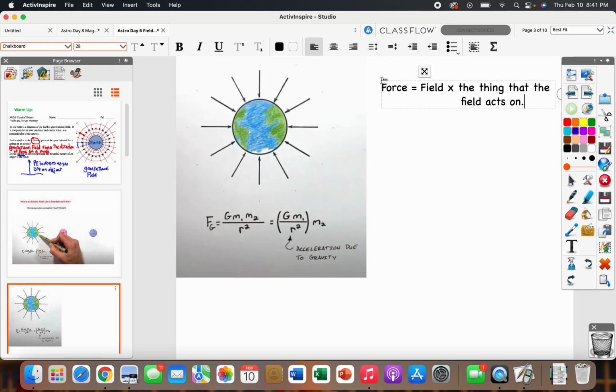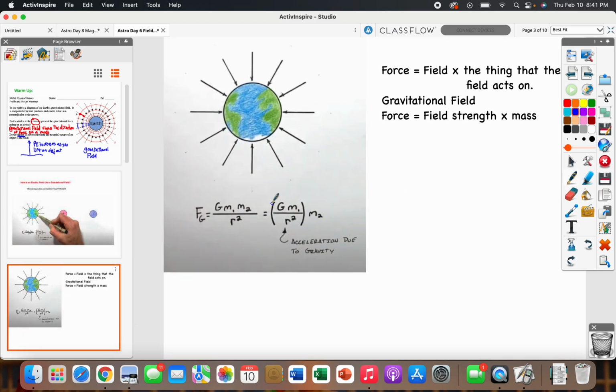But in the case of a gravitational field, the force is equal to the field strength times the mass, because gravity acts on masses. So instead of worrying about this big complicated thing, let's simply say that this is the field, right?